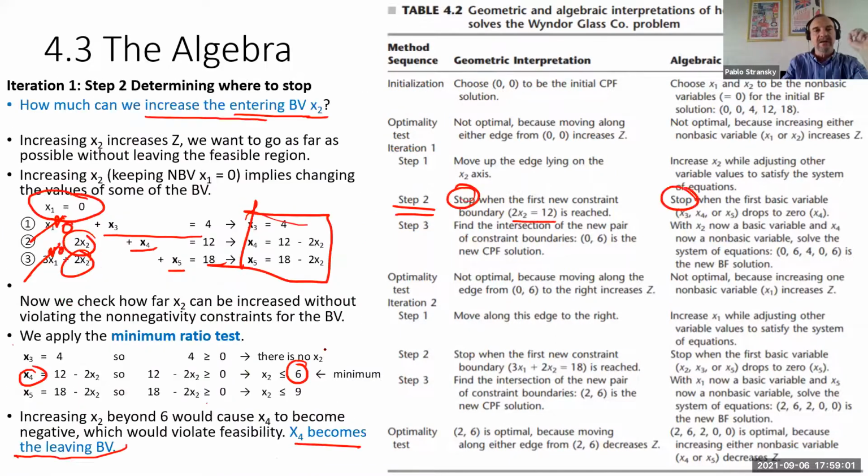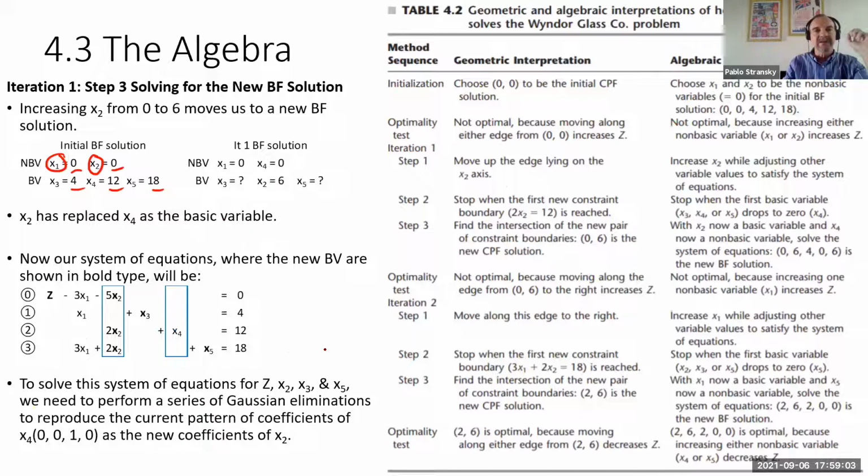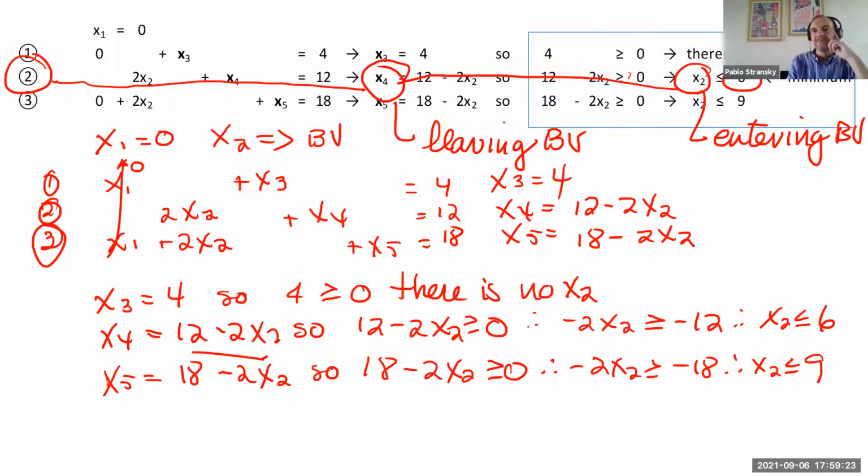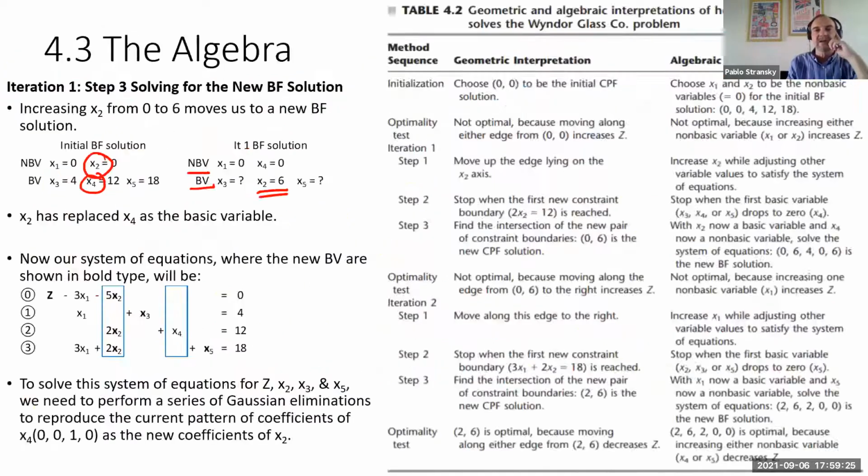Now what we're going to be doing is x2 switching places with x4. So now x2 becomes a basic variable and x4 becomes a non-basic variable. And we know that x2 is equal to 6. We determined that with the minimum ratio test, okay?